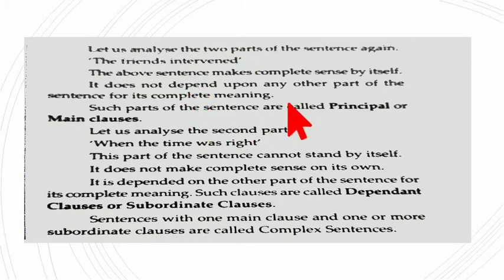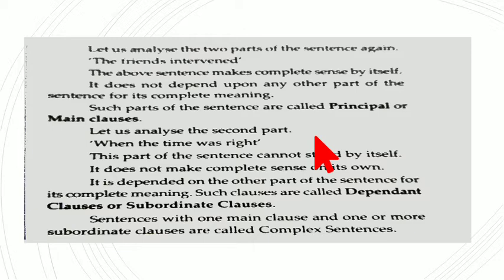A part that does not depend upon any other part of the sentence for its complete meaning is called a principal or main clause. That means a part of a sentence that has its own subject and predicate, and is not dependent upon the other part of the sentence to give its complete meaning, is called the main clause or the principal clause.